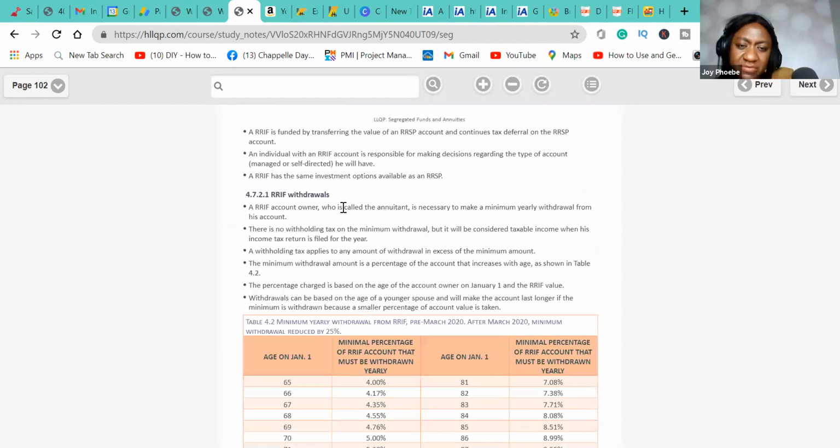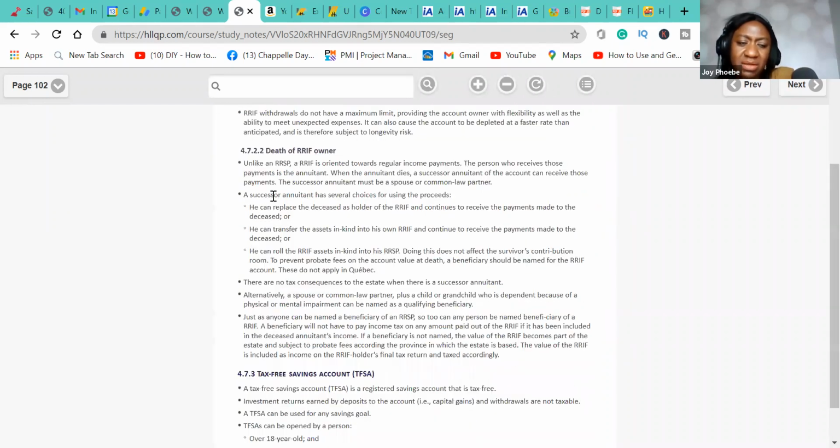Well, death of the RIF owner. Unlike an RRSP, a RIF is oriented towards regular income payments. So the person who receives those payments is the annuitant. And when the annuitant dies, a successor annuitant of the account can receive those payments.